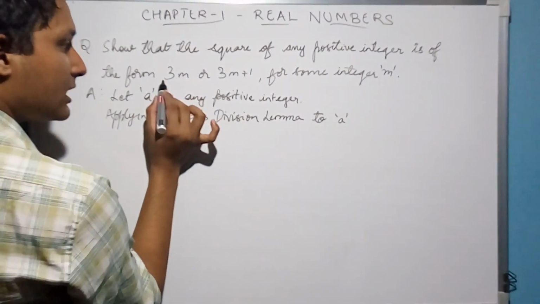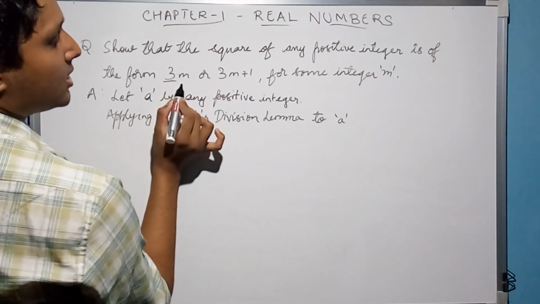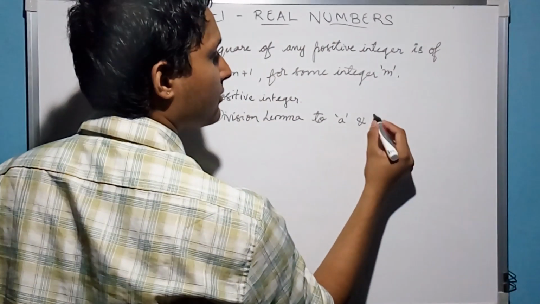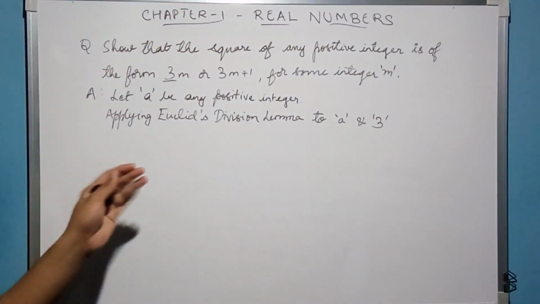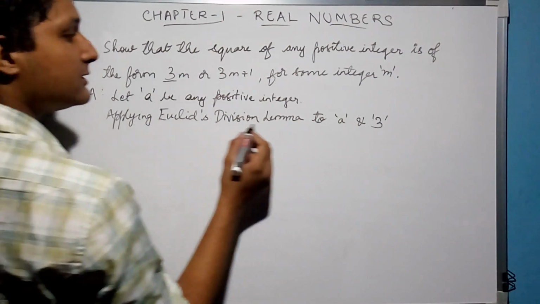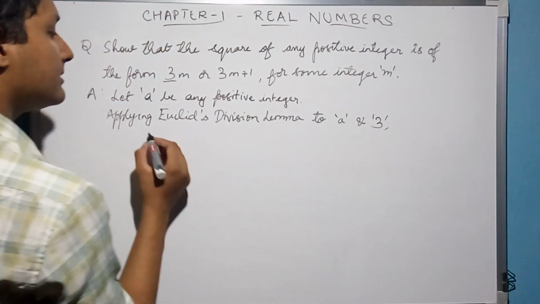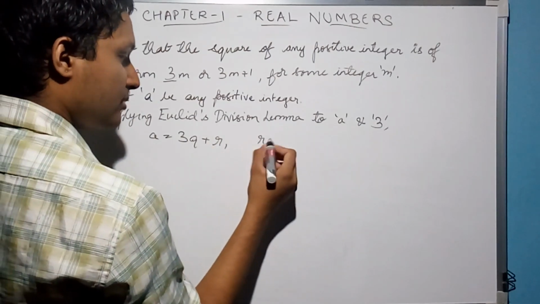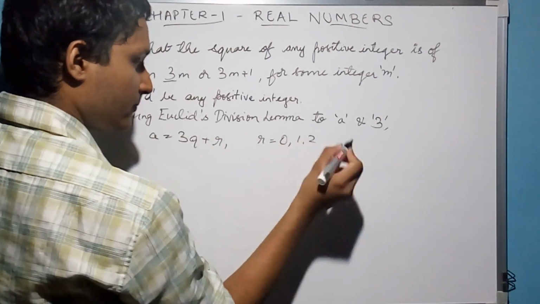Seeing this, I can find out that it is some multiple of 3, so b should be 3 now. So applying Euclid's division lemma to a and 3, you can get that a is equal to 3q plus r, where r can be 0, 1, 2.